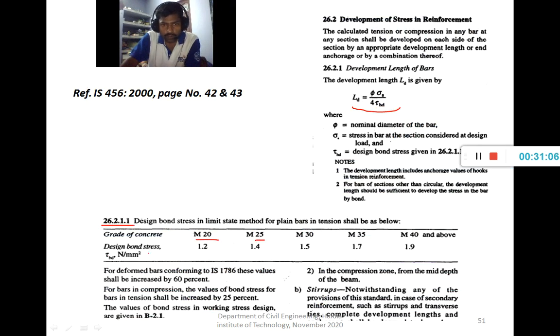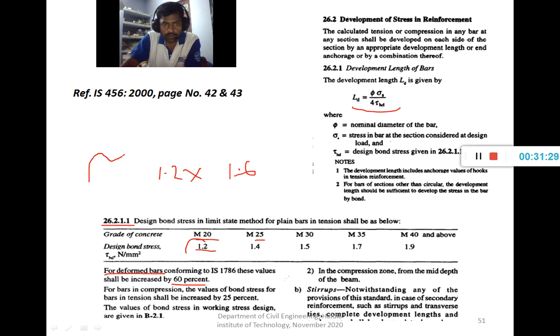The value is given as 1.2 for M20, and if I use deformed bars, then the above value is increased by 60%, so 1.2 into 1.6.